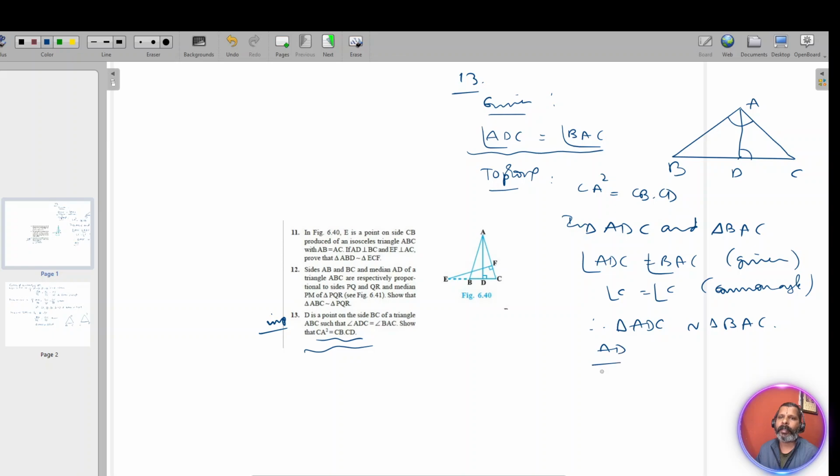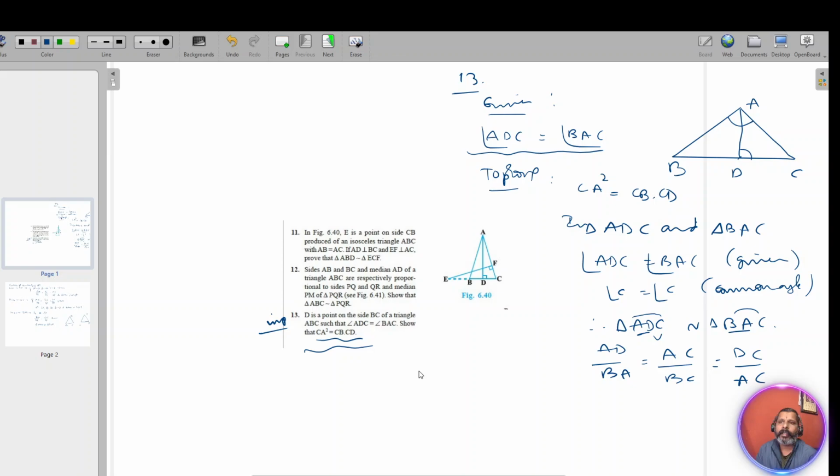Therefore, AD by BA equal to AC by BC equal to DC by AC. AD by AB equal to AC by BC equal to what is left? DC by AC.